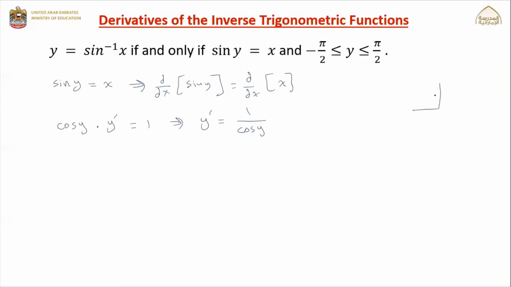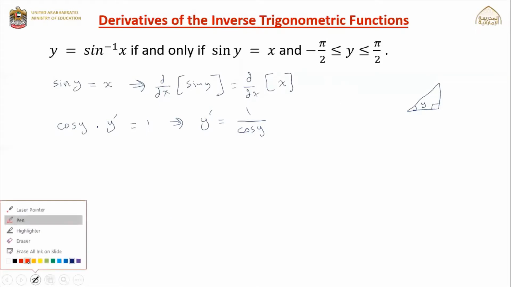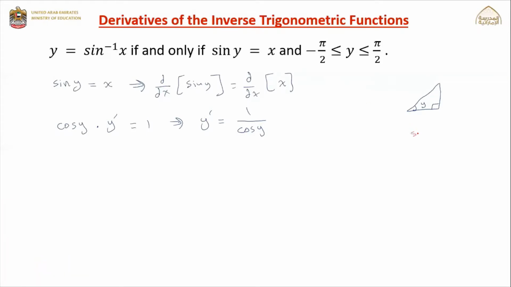Let me take right triangle with angle y. Sine y equal x over 1. So the opposite of y is x and the hypotenuse is 1.